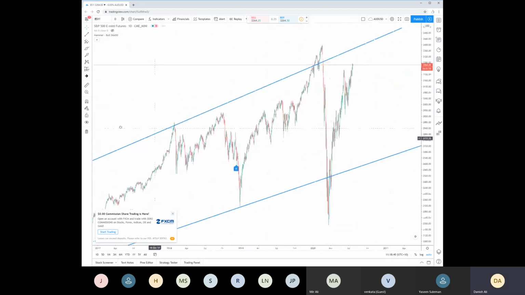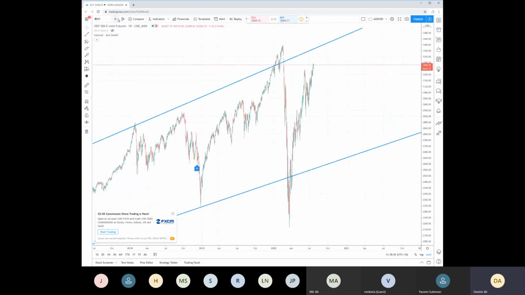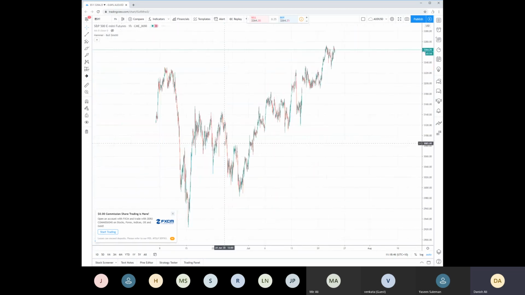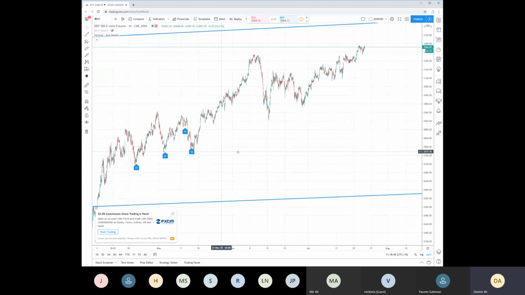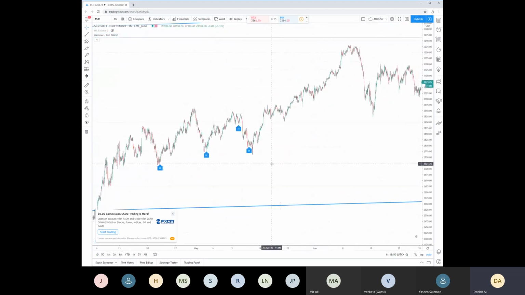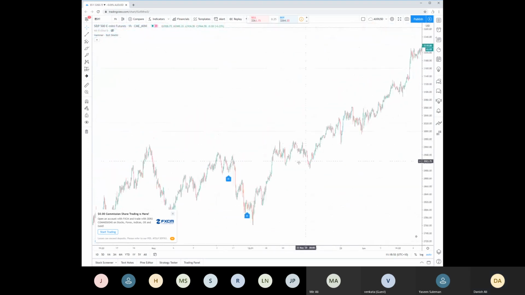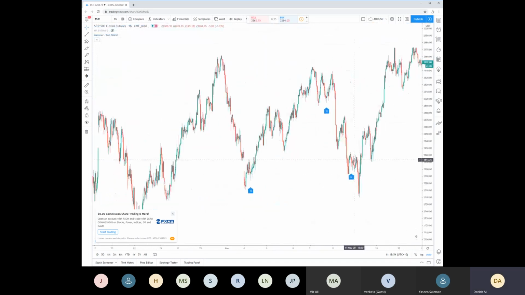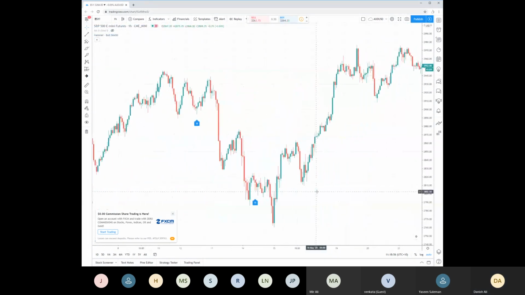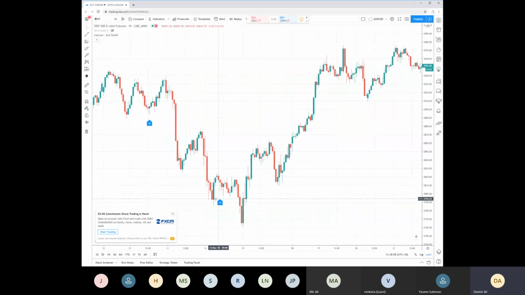The easiest way to identify or learn is I look on an hourly chart, because that gives me a bigger data set than this. That's a hammer right here.